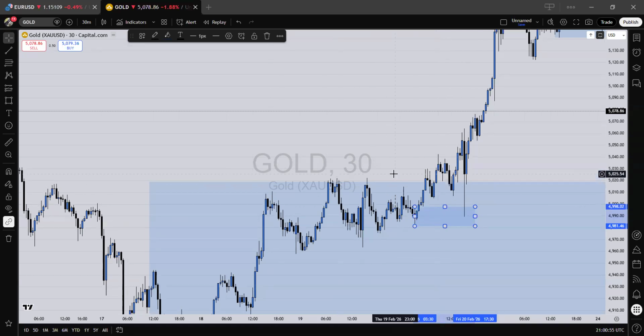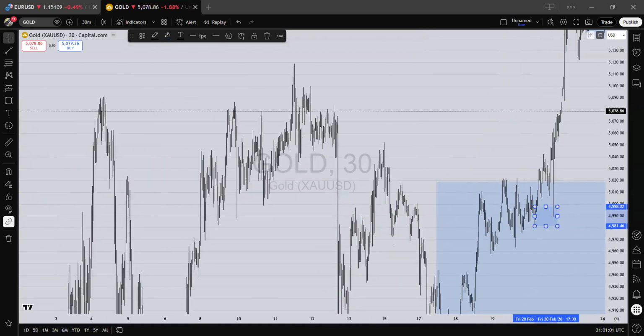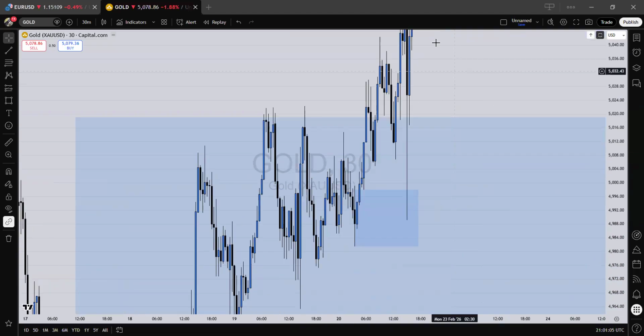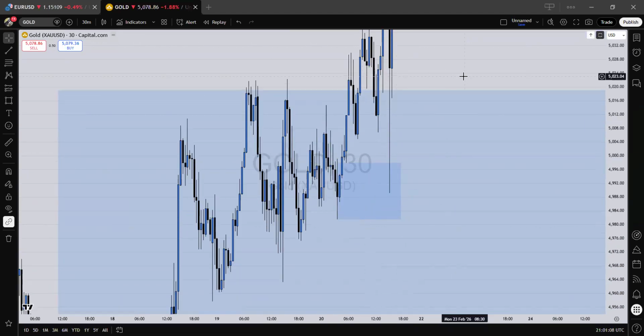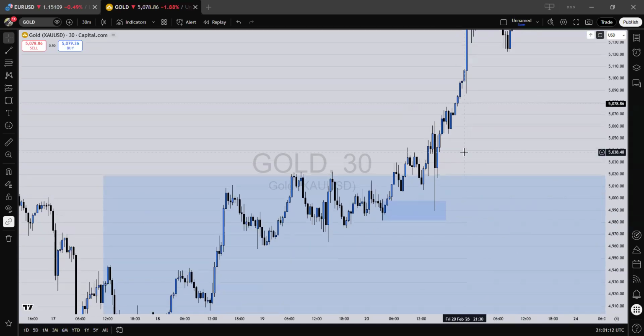Inducements, liquidity. There's liquidity before the POI. That one, there's no liquidity, but both came with one candle. So how price came to my entry is more important to me than price coming to my entry itself. So if there's liquidity, and price comes to my entry, I will take my entry, whether it is stop loss or not.